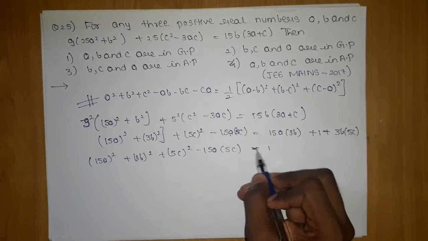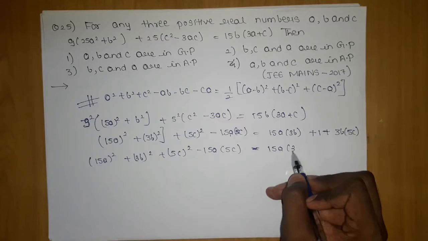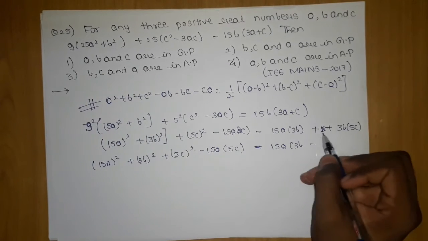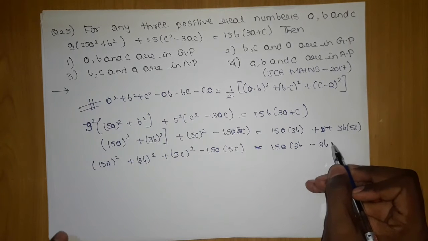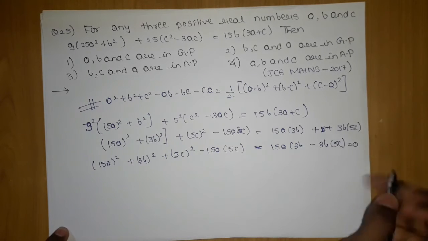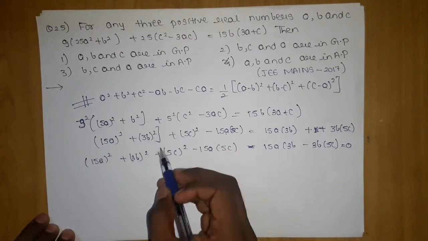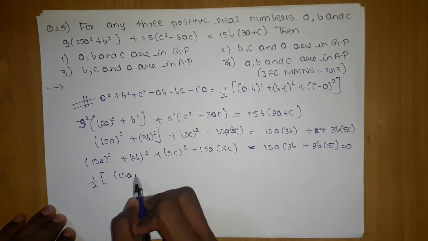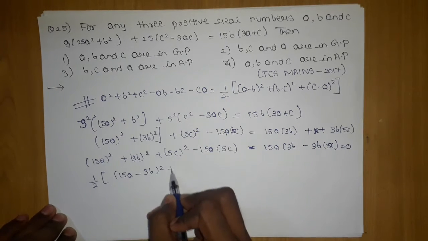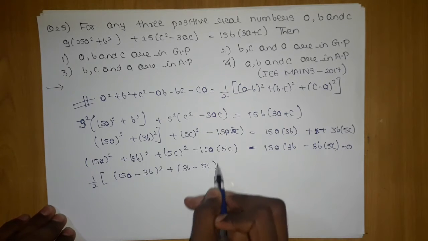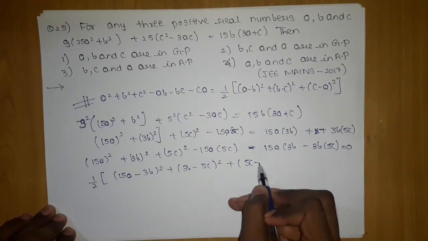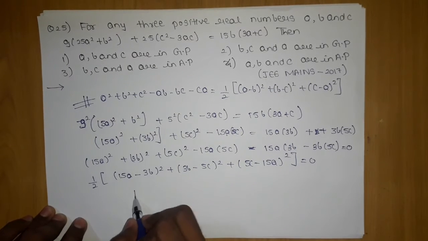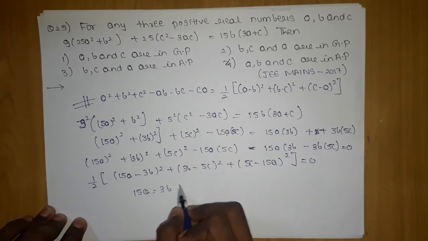So this is our expression. Now you can easily see the formula is matching, so we can just substitute. (15a − 3b)² + (3b − 5c)² + (5c − 15a)² should be equal to 0, giving me finally 15a = 3b = 5c.